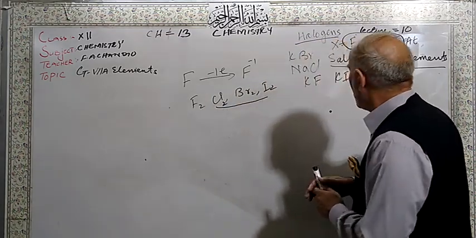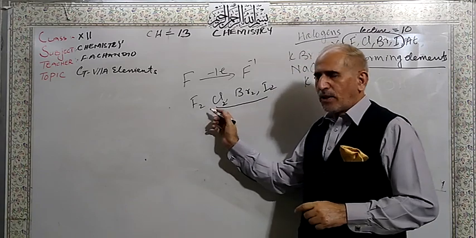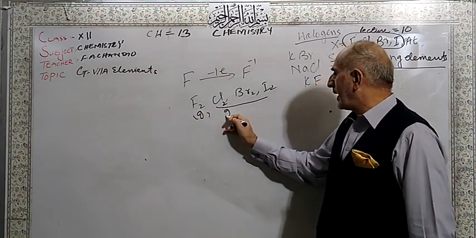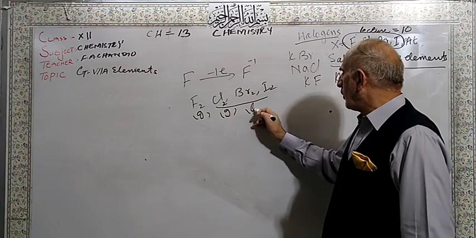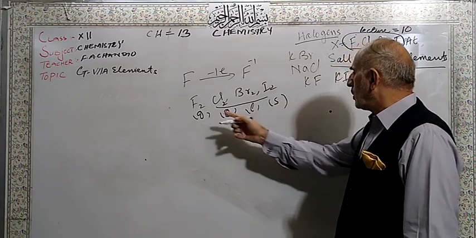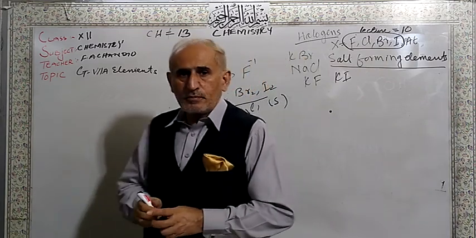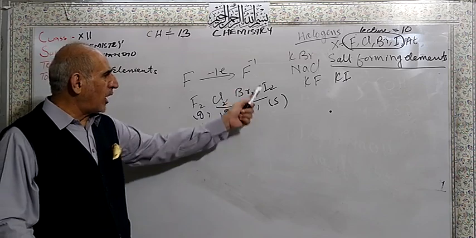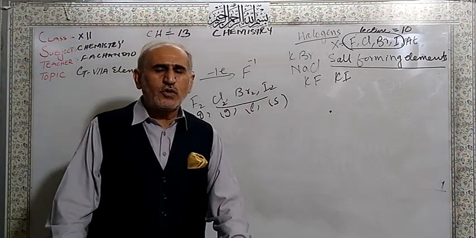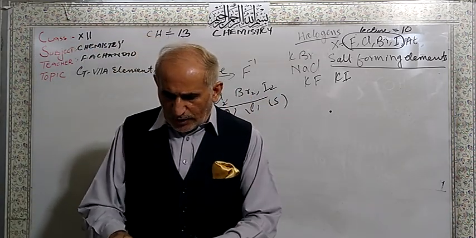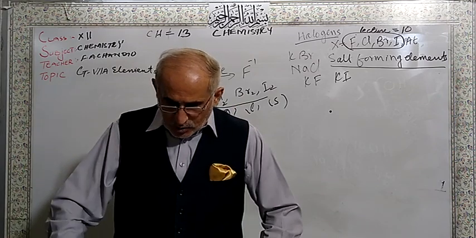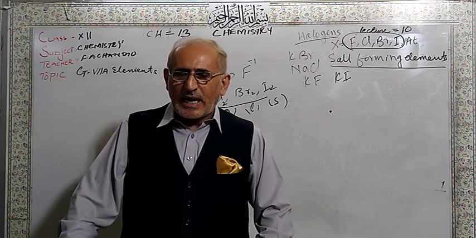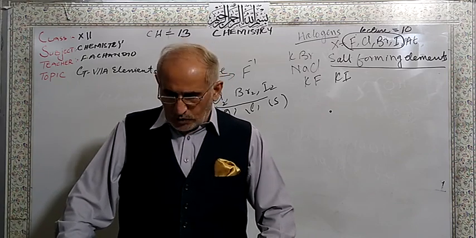Dear students, now the melting point and boiling point. Fluorine is a gas, chlorine is a gas, bromine is a liquid, iodine is a solid. So as we go down the group, melting point and boiling point increase, regularly from fluorine to iodine.